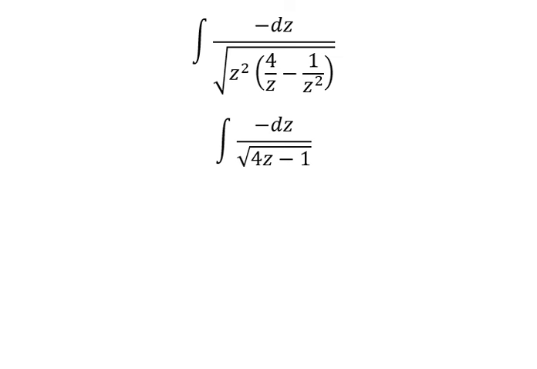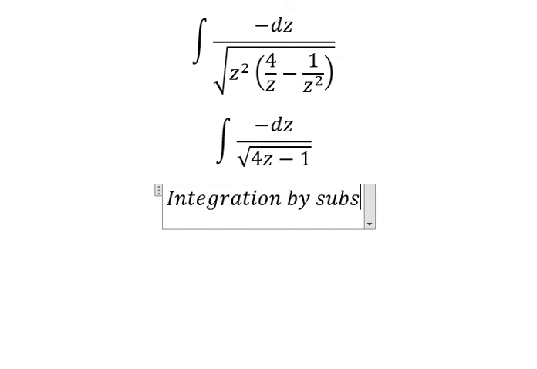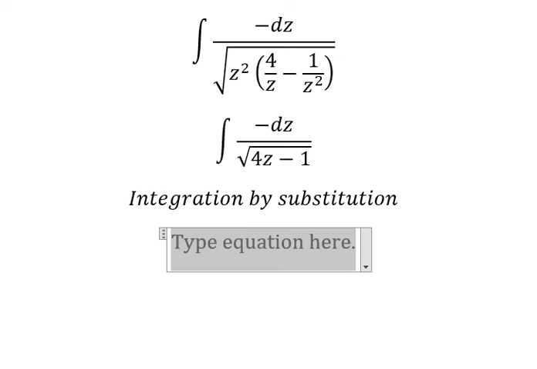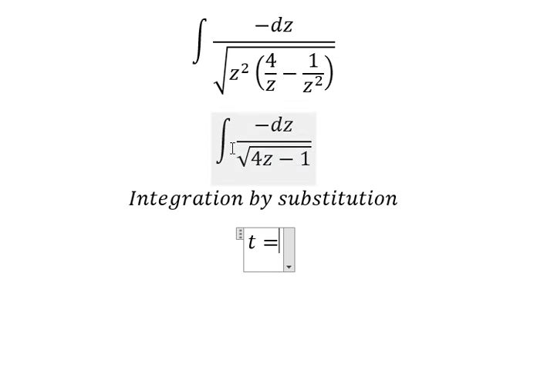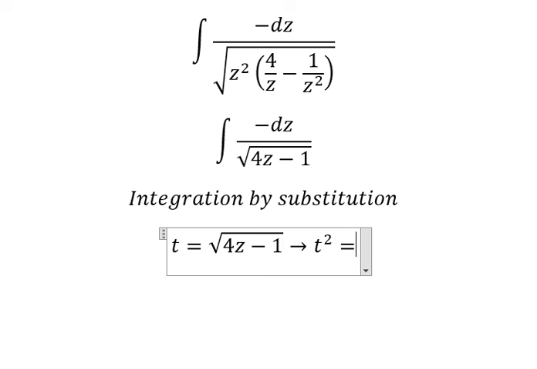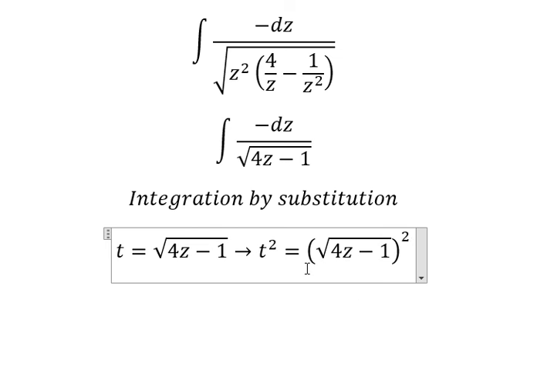And now we can use integration by substitution. So I will put t equals to this one, and later we put the square on both sides to cancel the square root.